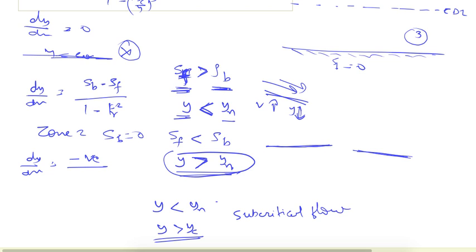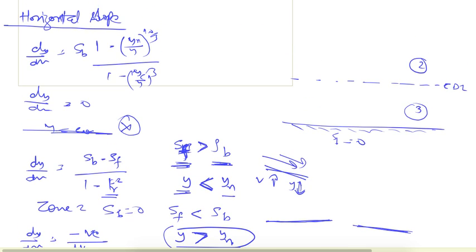And if it is subcritical flow, this Froude number will be less than 1. So 1 minus Froude number squared will be a positive value. So dy/dx is coming out to be negative. And so if it is negative here, it means this is a dropping profile. And as we saw earlier, if it is meeting CDL, it will meet it normally.